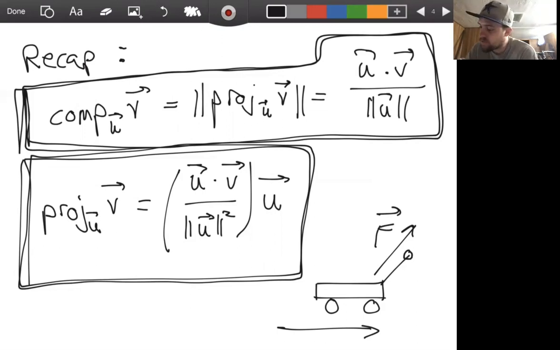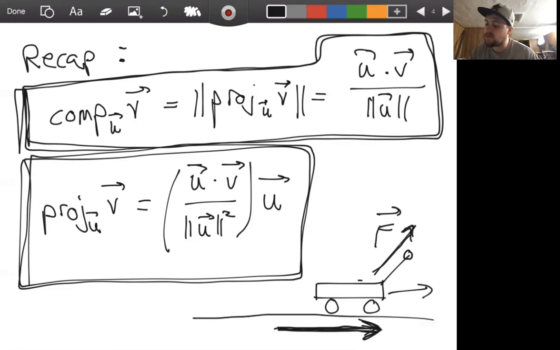The force would not be parallel to the direction that the wagon is moving, right? And so to find the force, or even to calculate the work it's going to take to move this cart or wagon in the horizontal direction, you can't just look at the force vector here. You've got to look at the projection vector of force onto the horizontal axis, because if you assume this is on flat ground, it's going to move in line with the horizontal axis. And so you need to look at a projection vector to do that.